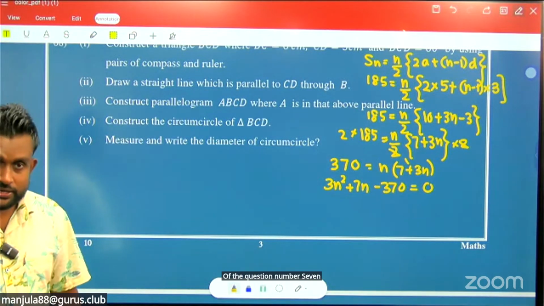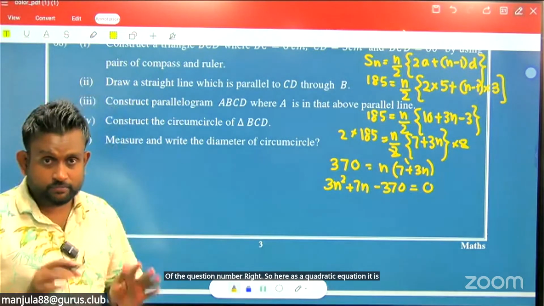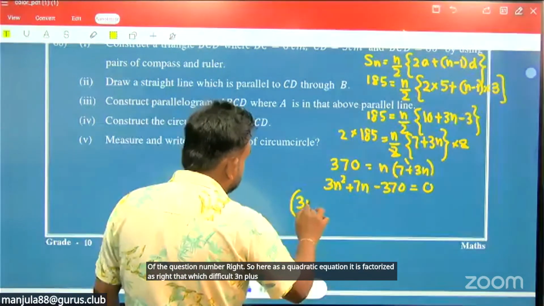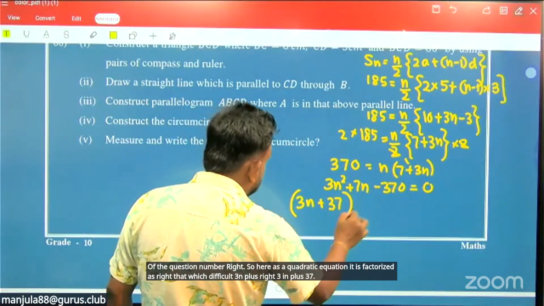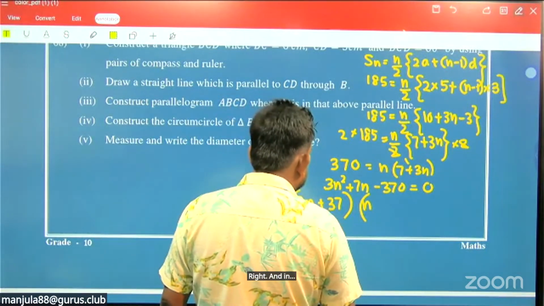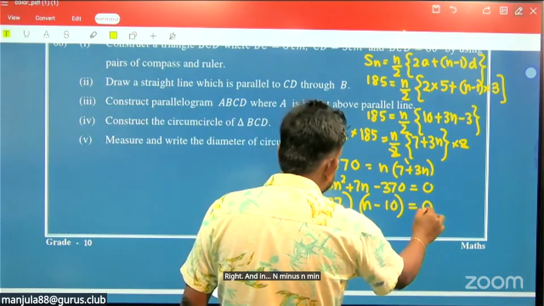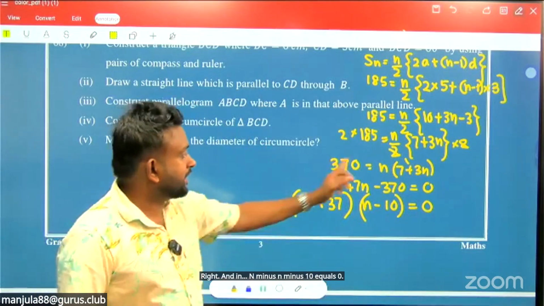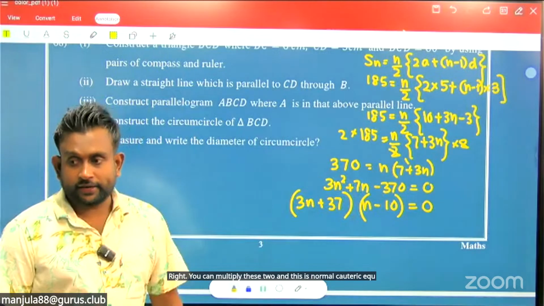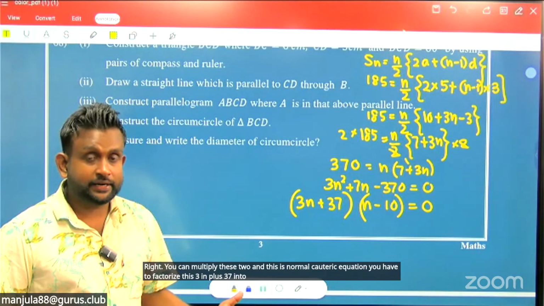So this quadratic equation is factorized as (3n plus 37) into (n minus 10) equals 0. As with a normal quadratic equation, you factorize it, and 3n plus 37 and n minus 10 are the factors.